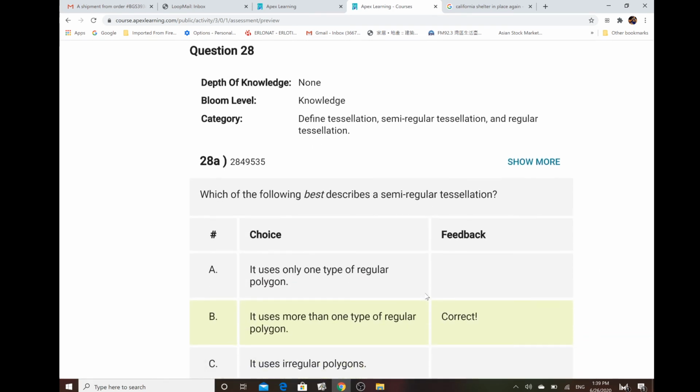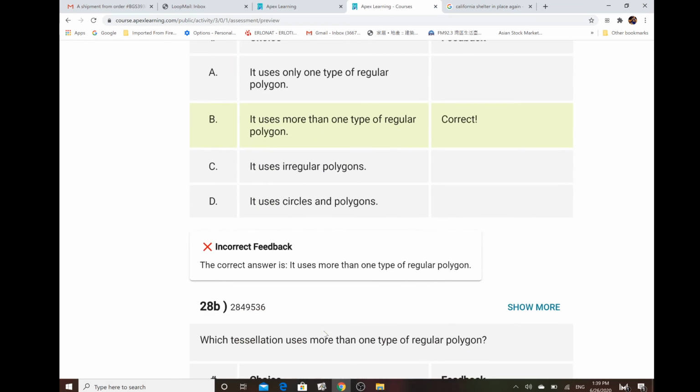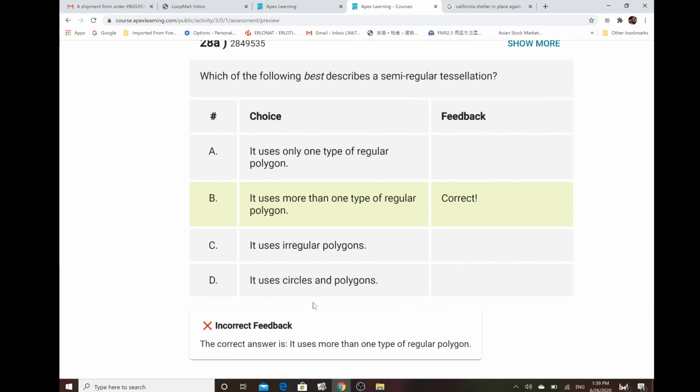28. Which of the following best describes a semi-regular tessellation? It uses more than one type of regular polygon. The rest of the selections are not that precise. The first one is saying that it uses only one type, but it actually uses more than one type. And C is saying that it just uses irregular polygons.